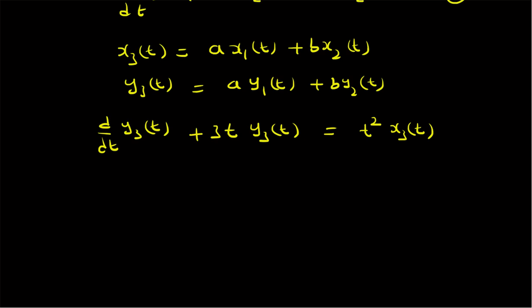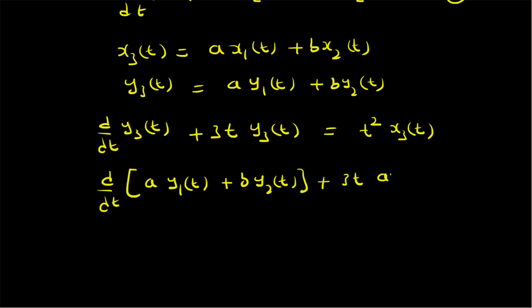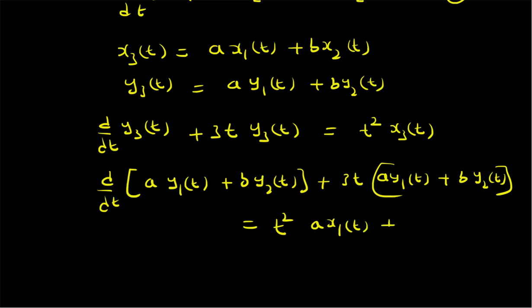Now we can replace y3 with the expansion, that is the derivative of a times y1 of t plus b times y2 of t, plus 3t times a y1 of t plus b y2 of t, is equal to t square times a x1 of t plus b x2 of t.